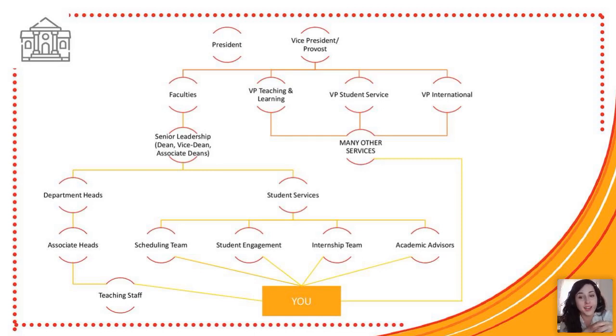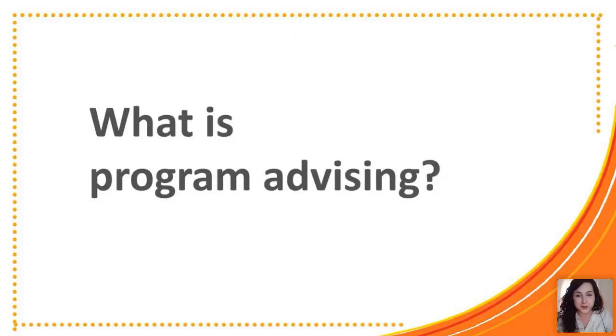There are so many other services. A lot of them are here today. So student accessibility services, the Wellness Center, leadership and student engagement, international student services. There are enough students here that need direct support that everyone becomes highly specialized. So today we're going to talk about the team and the information I can offer you as a program coordinator student advisor, because we are highly specialized and just for you.